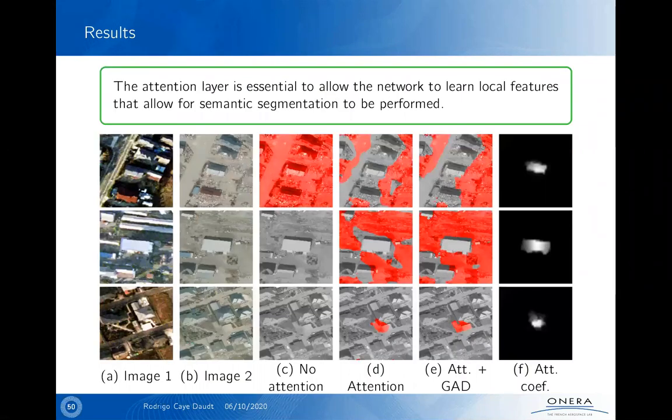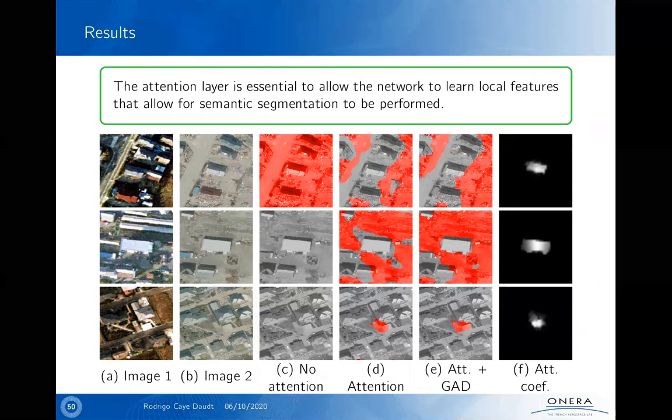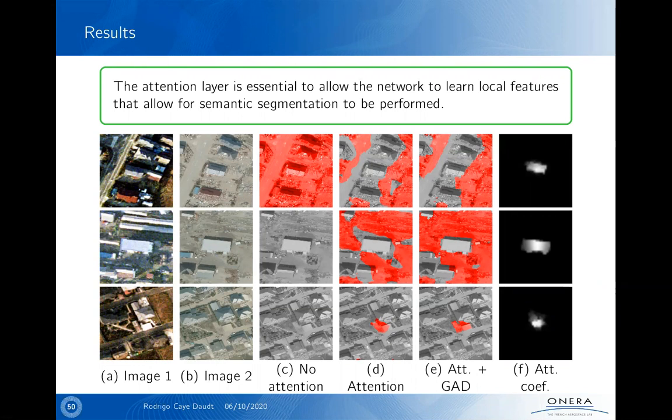But then it's also able to perform weakly supervised semantic segmentation. And here you can see in C is the result if we don't use the attention layer for training. So the network did not learn local features that were useful for semantic segmentation. So what it ends up doing is predicting the whole image as a change or not a change.